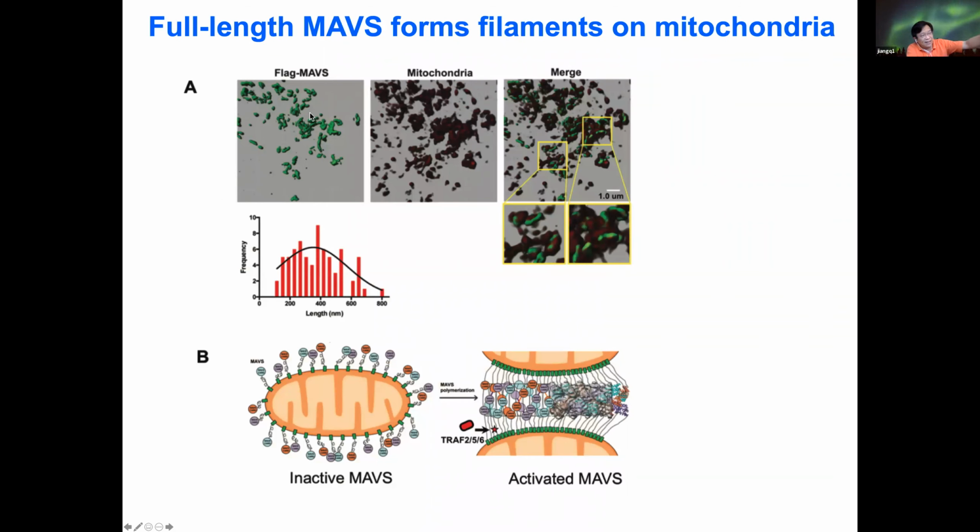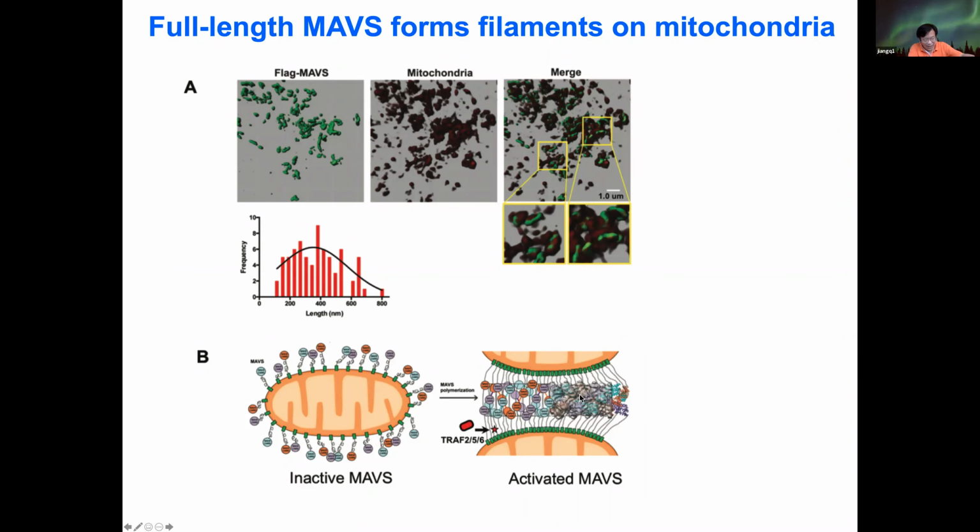Shown here is data on the surface of the mitochondria. MAVS is labeled with a FLAG tag on the N-terminus, and after viral infection, using super-resolution imaging, we can detect these short filaments on the surface of individual mitochondria.